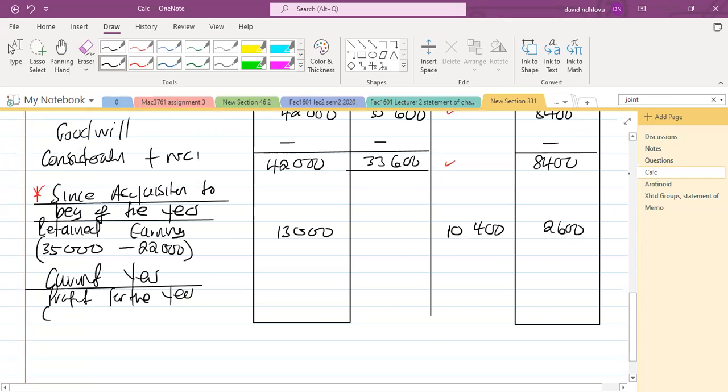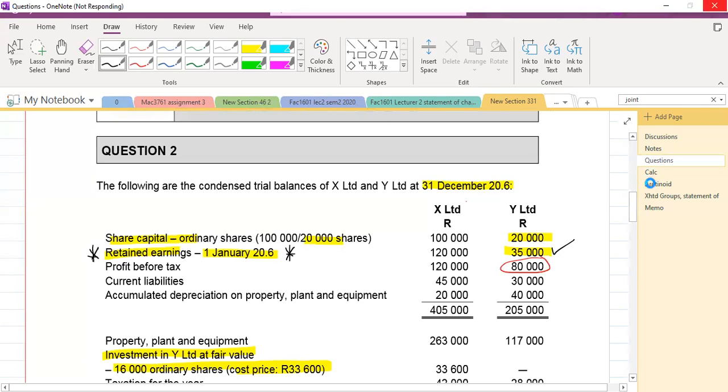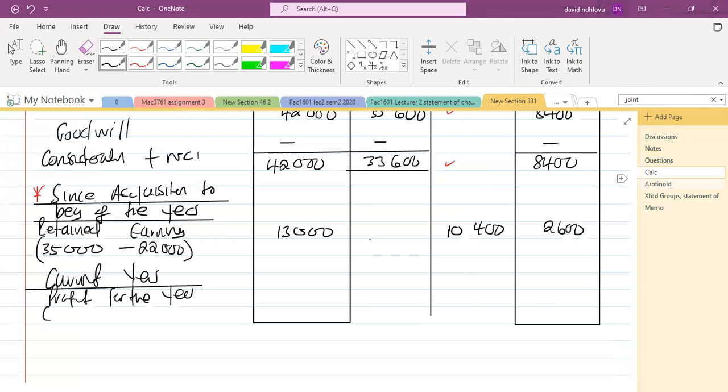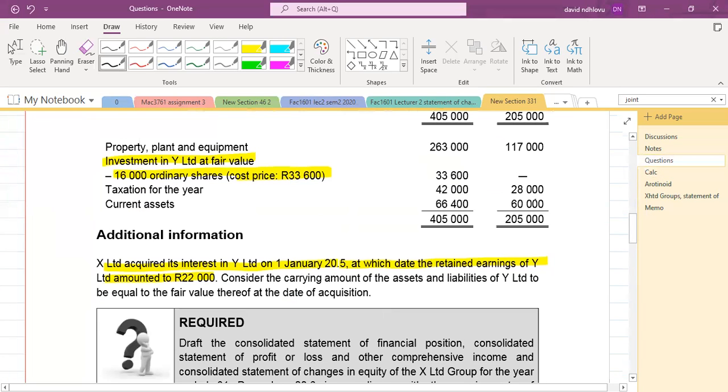Right, in which case we then say, what is our profit before tax? 80,000. What is the tax amount? And then we go and check the income tax amount here. The figure is actually 28,000.